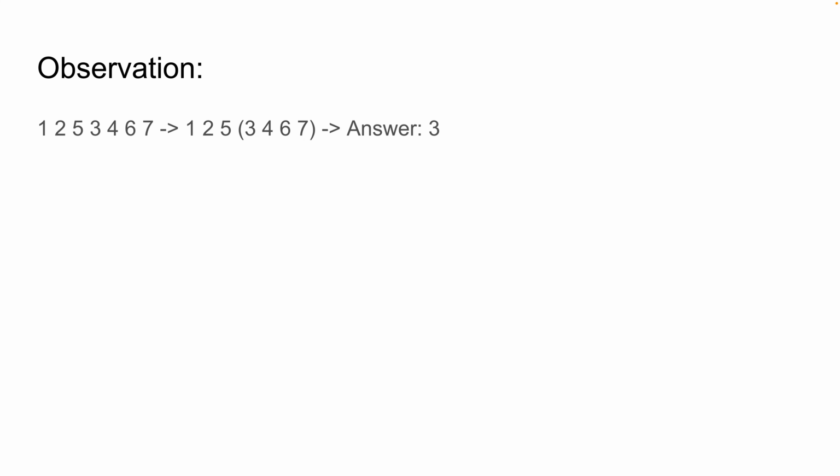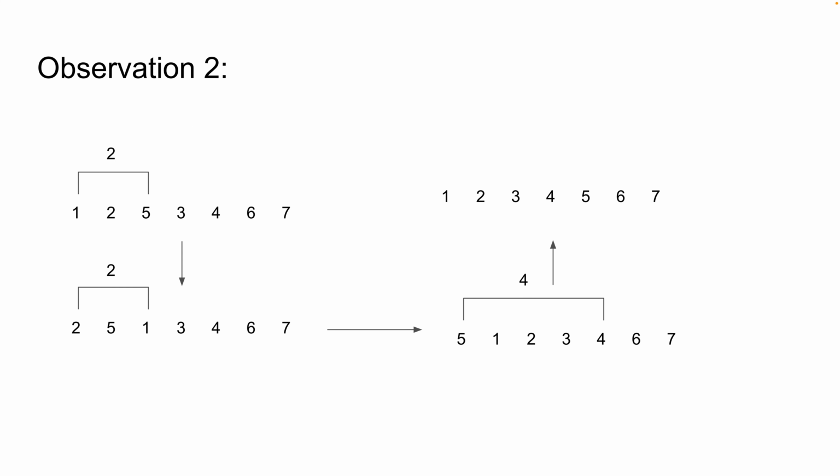And now that we've got the answer, we need to get the actual instructions, and we can do this with our second observation: the number of times each cow in the prefix will need to move backwards is the number of cows remaining in the prefix minus 1 plus the position in the sorted array.